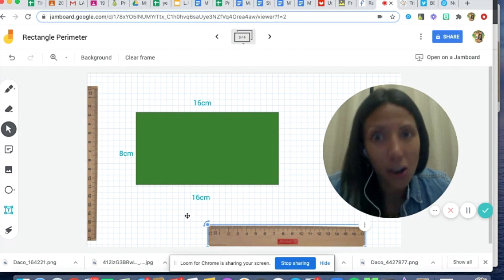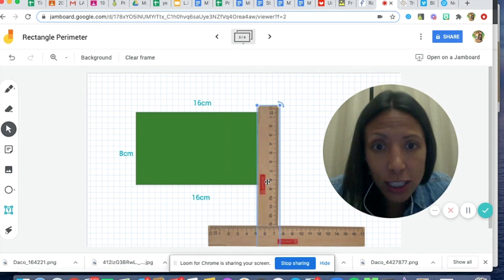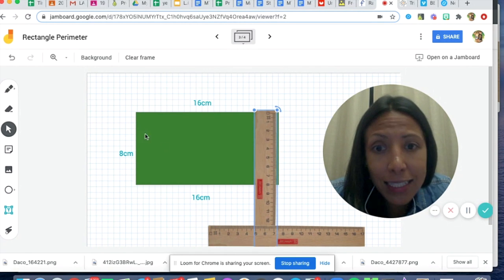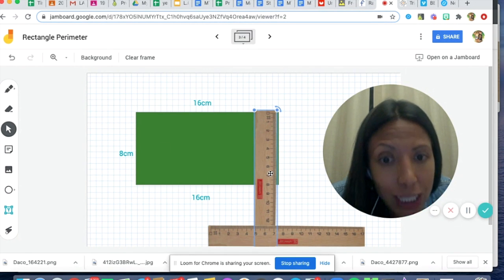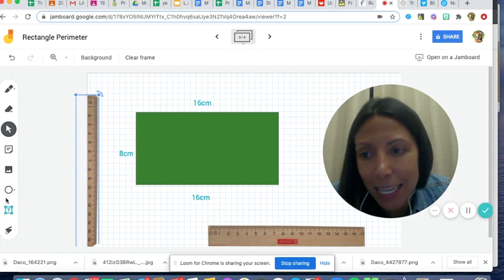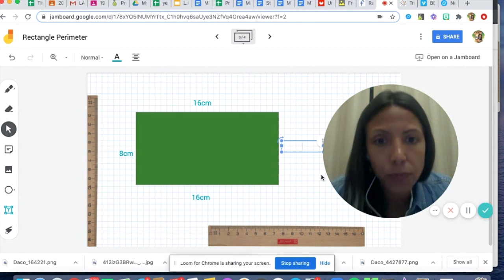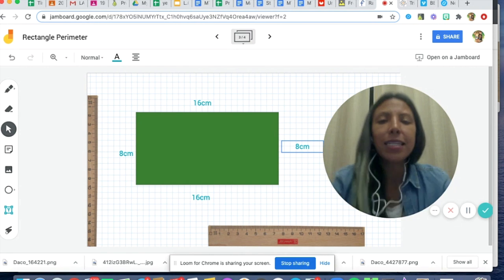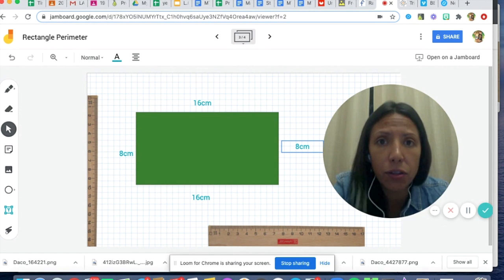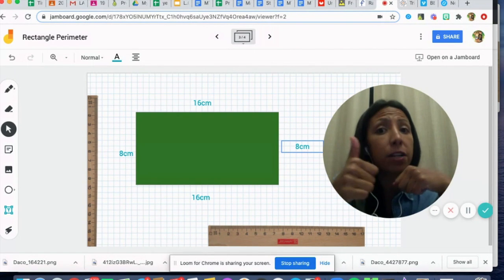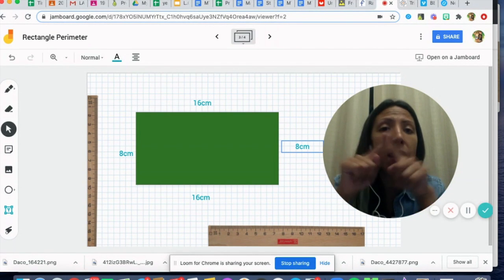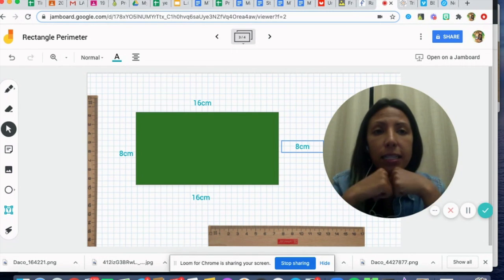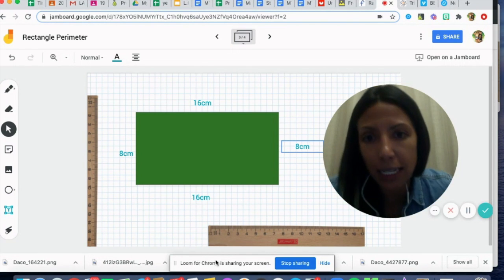And the other side measures the same as the one on the left, which is 8 centimeters. That is the first thing we have to do to get to know the perimeter of a shape. The first thing, get to know how long each side is.